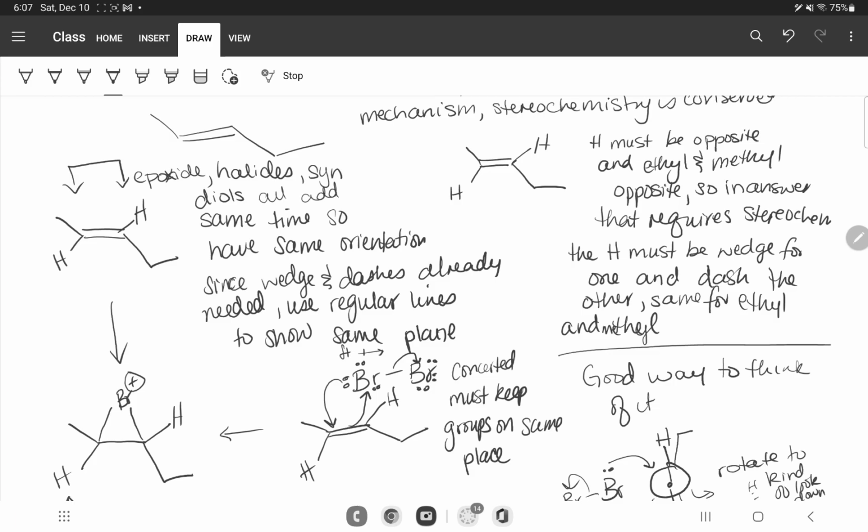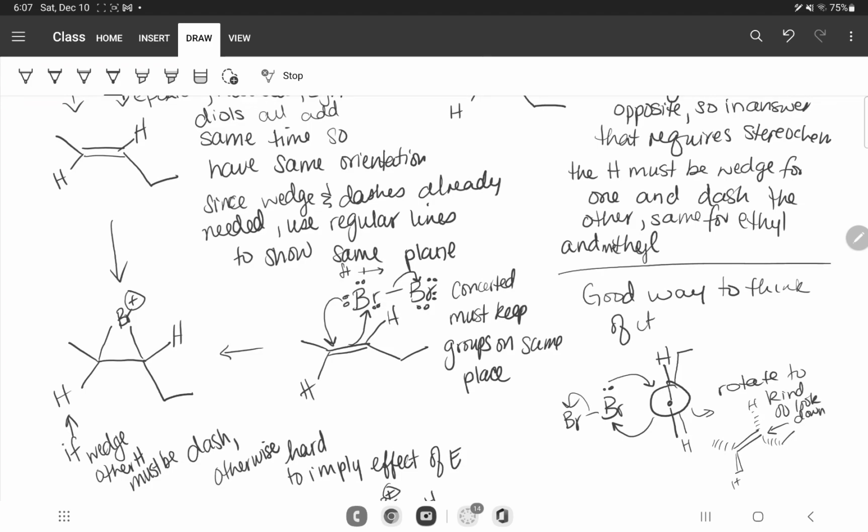But bromine has a lot of electrons, so as the double bond is sharing its electrons and starting to become positive, the lone pair attacks it. We already talked about these in class, so you've seen this mechanism. So what's going to happen here? Then we form the bromonium ion.